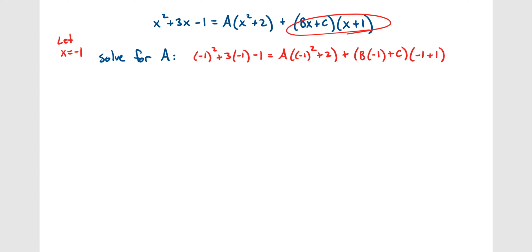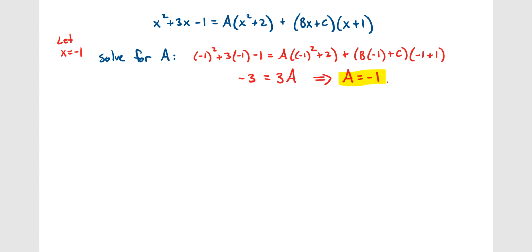So yep, that whole right term is going to cancel, so we do not even have to worry about it. Simplifying the left-hand side, we get 1 minus 3 minus 1, which ends up giving us -3. And then for the a term, we get (-1) squared is 1, 1 plus 2 is 3, so 3a. Divide both sides by 3, we get a equals -1.